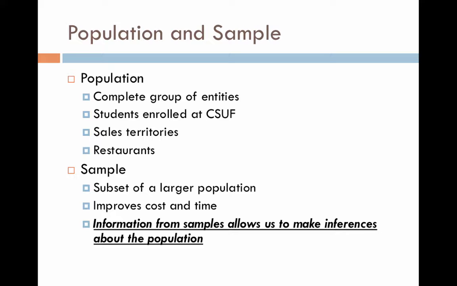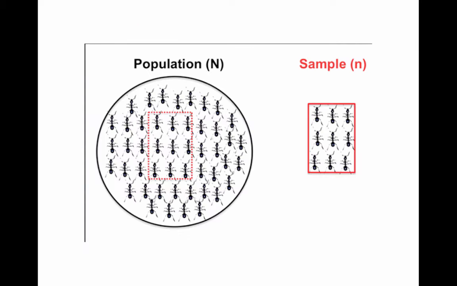A sample is a subset of a larger population. Choosing a sample is helpful because it improves cost and time. And if we choose a sample well and we adhere to general good data collection methodologies, the information from the sample allows us to make inferences about the population.